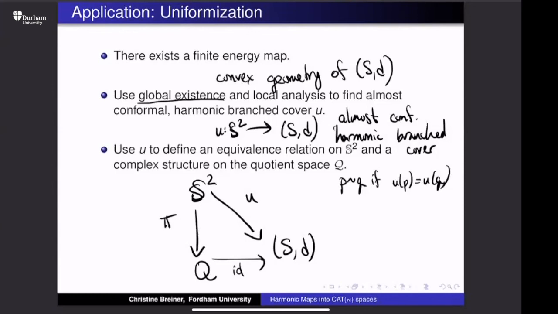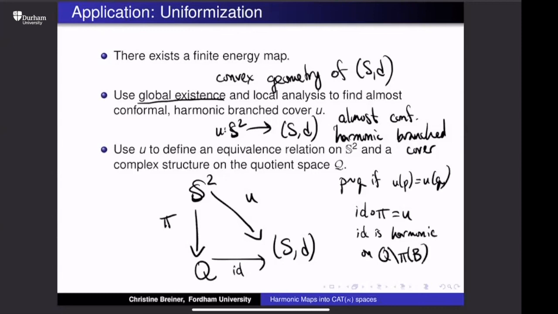Okay, so we can show the identity map, this thing I'm calling ID, is actually a homeomorphism. Pi gives us the complex structure. And since the identity composed with pi equals U and U is harmonic, we're able to quickly show that the identity is harmonic on Q minus the projection of the branch points.